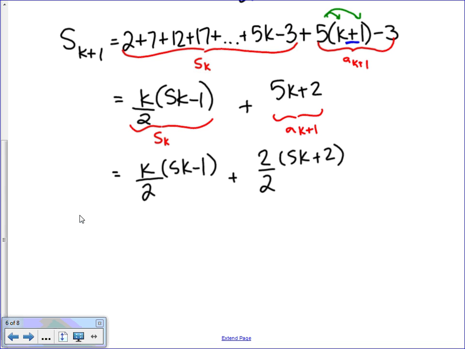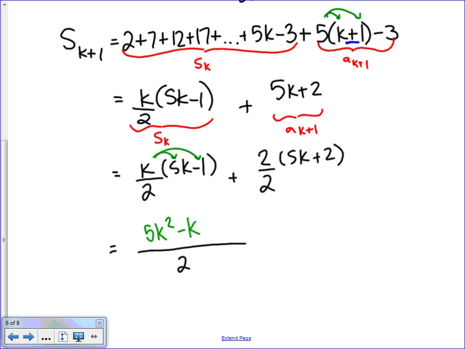And then both fractions have denominators of 2. So I'll keep my denominator of 2. And I'll just work with the stuff that's in the numerator. So k times 5k is 5k squared. K times negative 1 is minus k.